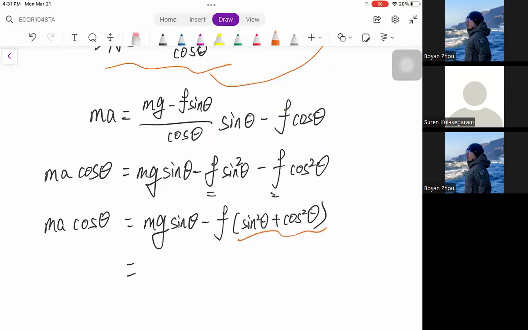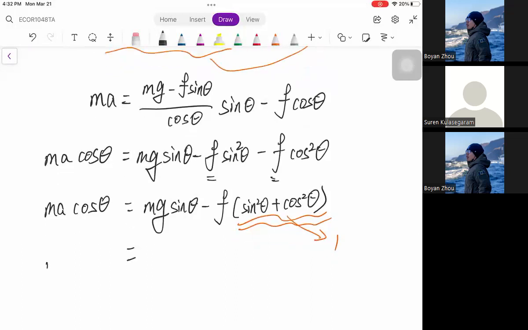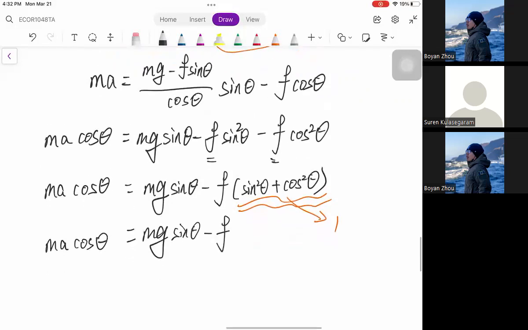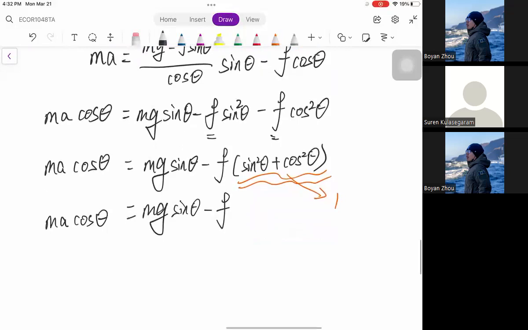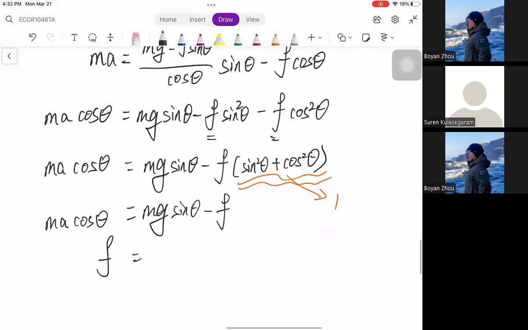From your high school math, you need to remember sine squared theta plus cosine squared theta is equal to 1. So this thing goes to 1. So we have ma cosine theta is equal to mg sine theta minus f. So that we have f is equal to m times (g sine theta minus a cosine theta).